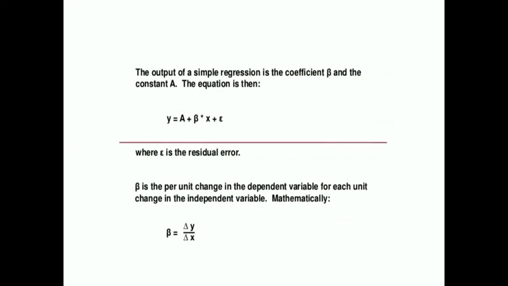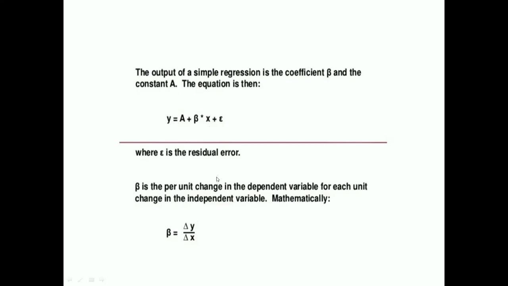The output of a simple regression is the coefficient beta and the constant a. The equation is y is equal to a plus beta times x plus epsilon. Here y is the estimated value, a is a constant, and x is our independent variable, weight, and we predict the systolic blood pressure using this regression line.